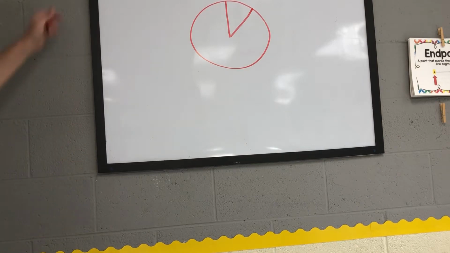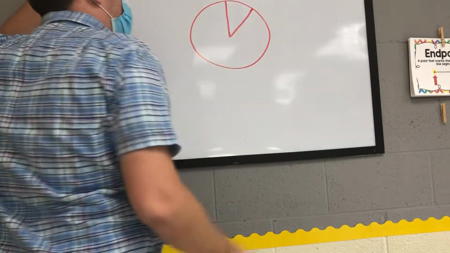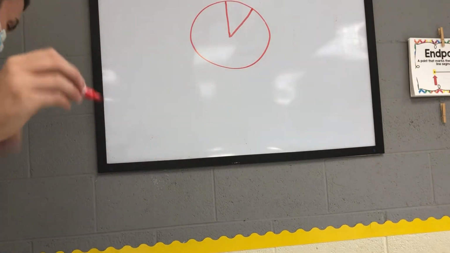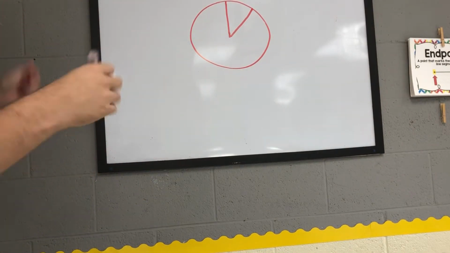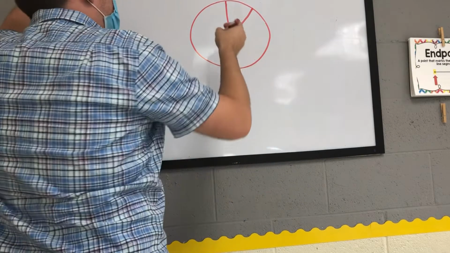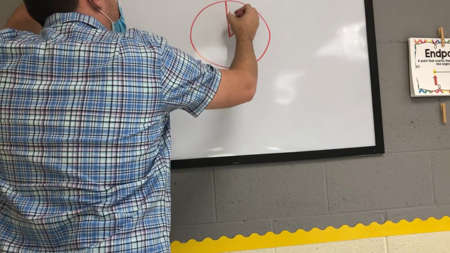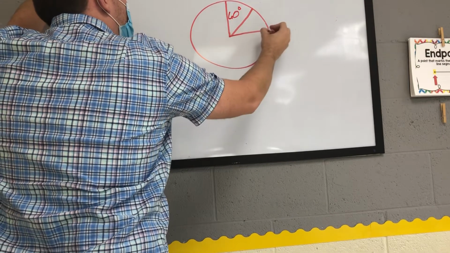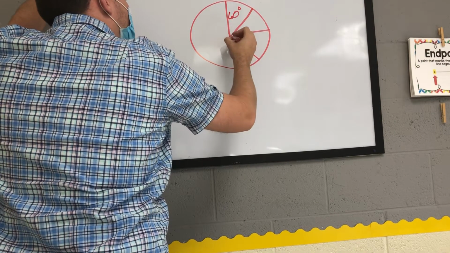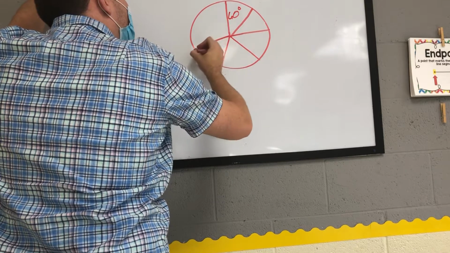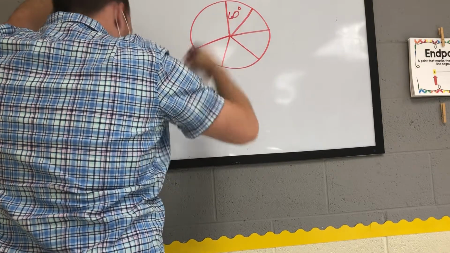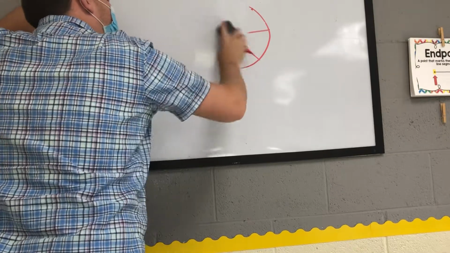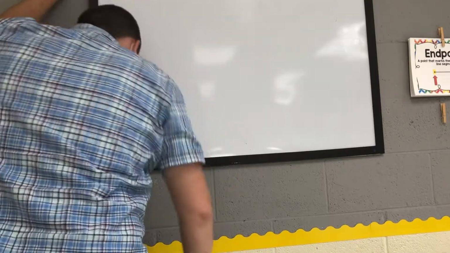If I want to find out how many degrees this is, I would do 360 divided by 6. 360 divided by 6 is 60. Okay? I didn't draw that out just right. It's kind of hard to eyeball this stuff, but it would be 60 degrees if I had 6 of those.